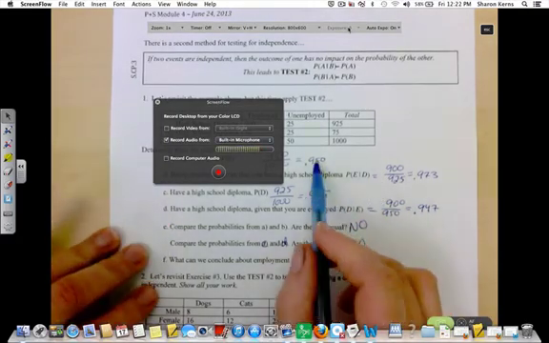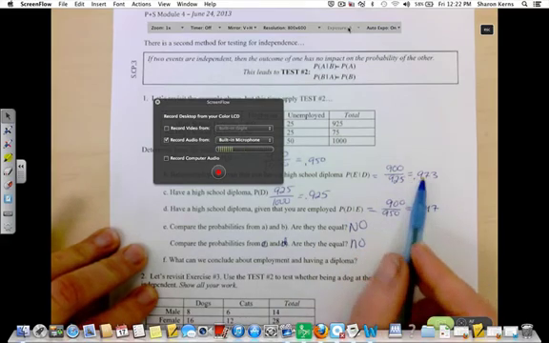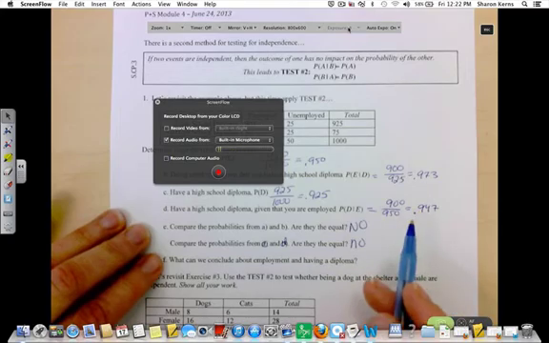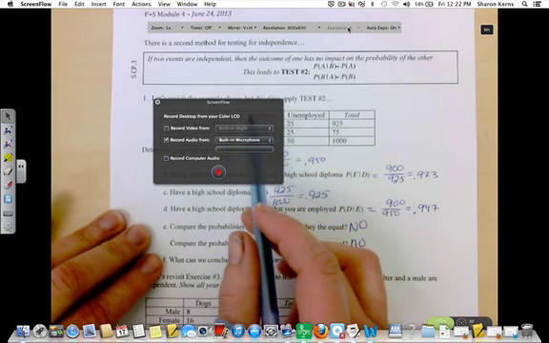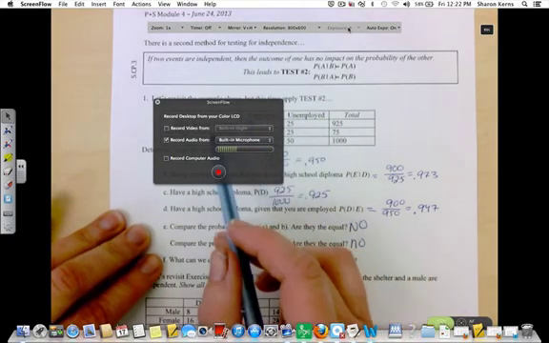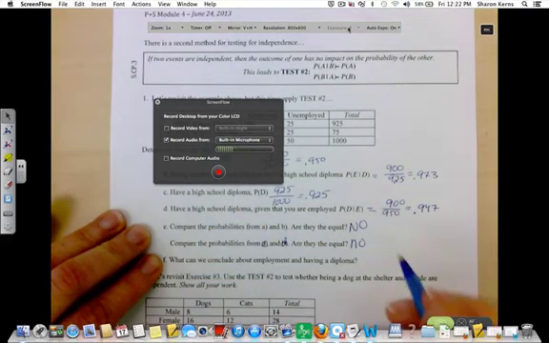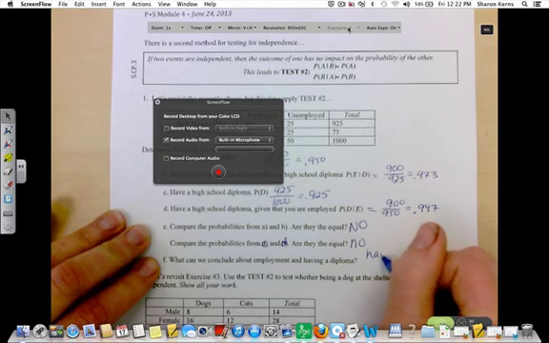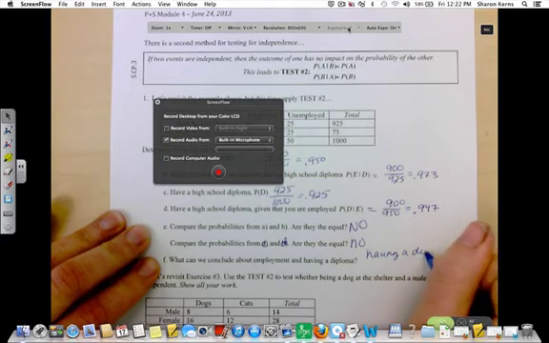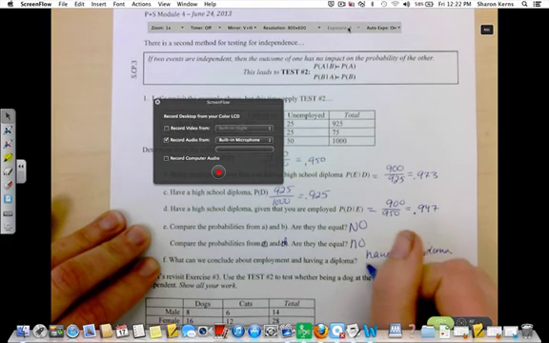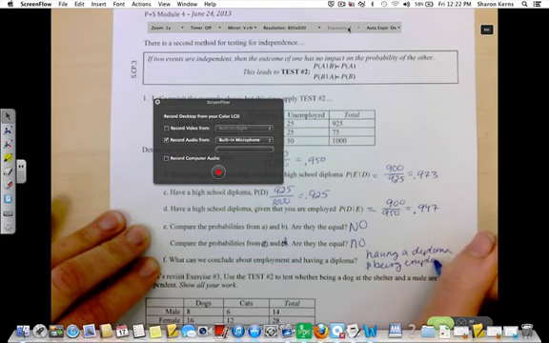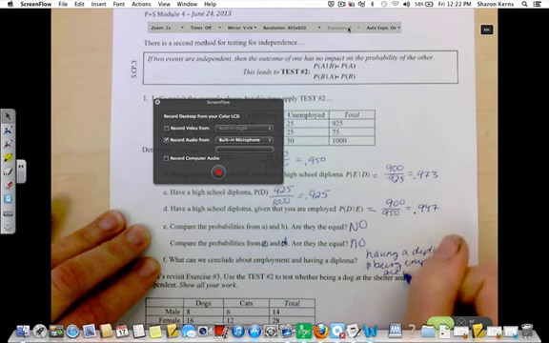So because these probabilities are not equal and these probabilities are not equal, we can conclude that status of employment and level of education are not independent.